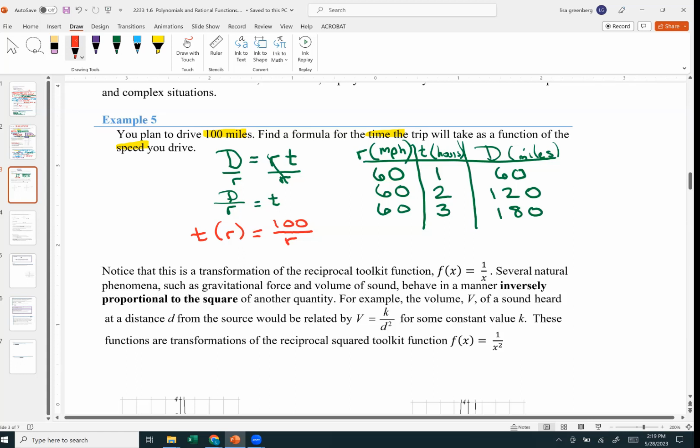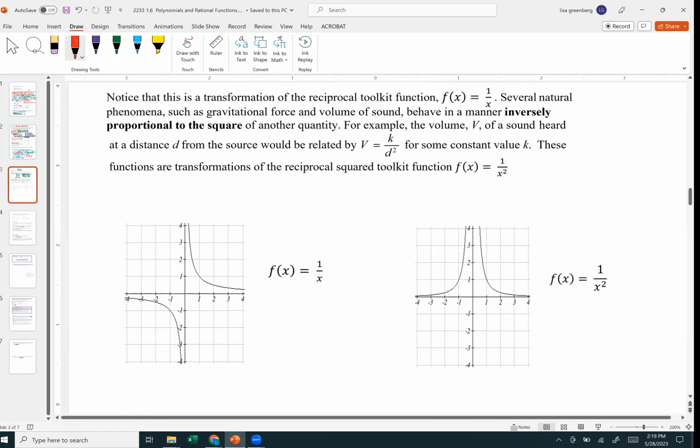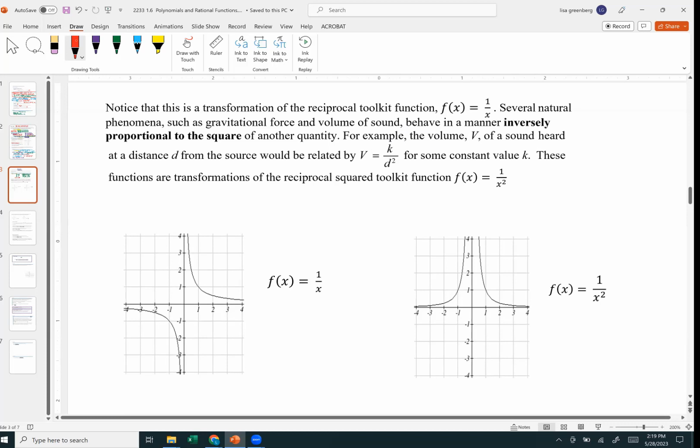And we've already gone over all the toolbar graphs, right? This is 1 over x, and this is 1 over x squared. I just put those here to remind you.